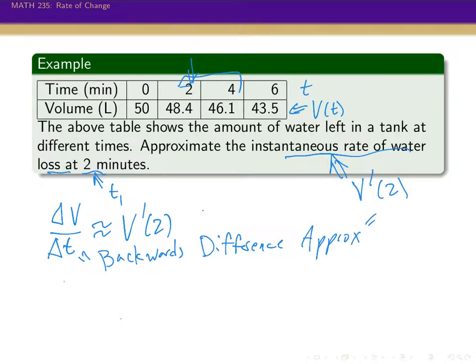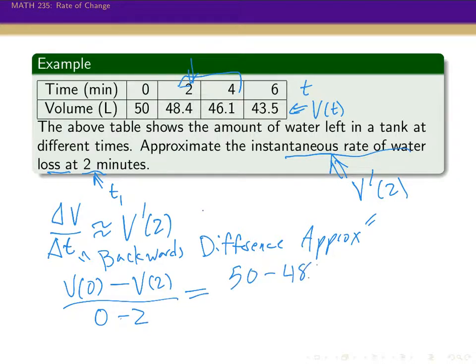And so we could use V of 0 minus V of 2 over 0 minus 2. And V of 0 is 50 minus 48.4 over 0 minus 2. And so this is going to be 1.6 divided by minus 2, which gives us minus 0.8. And again, this is in liters per minute.